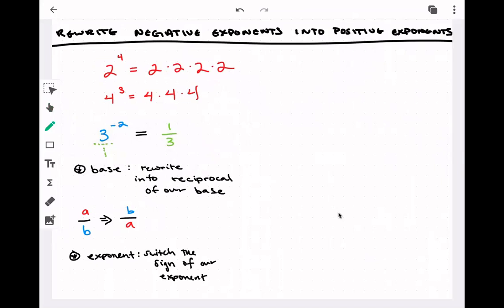And usually in this case, we're going to be going from negative to positive. Sometimes you go positive to negative, but we're only focusing on going from negative to positive.